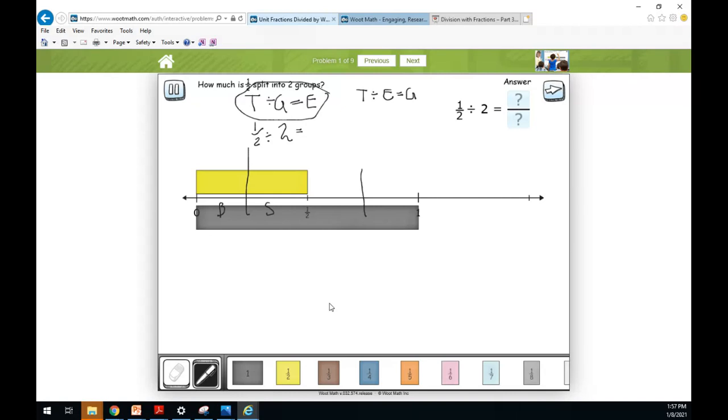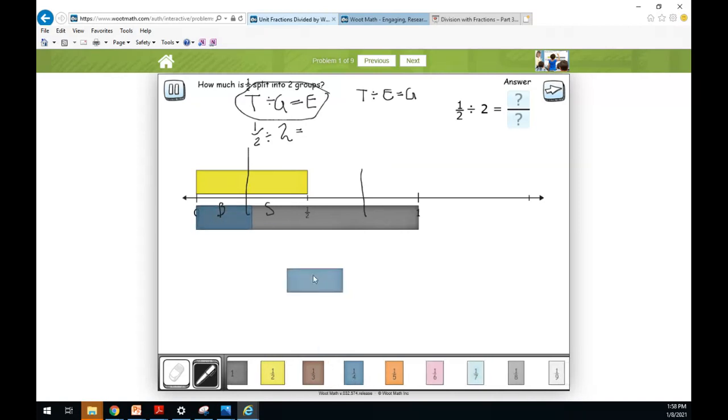If I'm trying to figure out how much land I get, I look at it in relation to the 1 acre. How much of that 1 acre am I going to get? I'm going to get 1/4, because when I divided this into 2 equal groups, I also had to divide it in comparison to the entire whole. That means I actually have 4 parts to my whole. So I have 1/4.